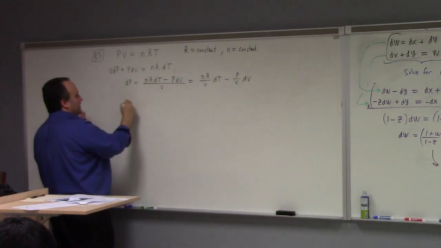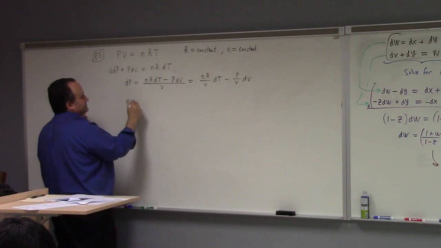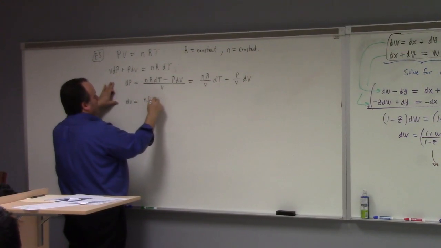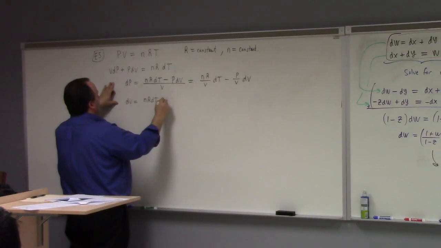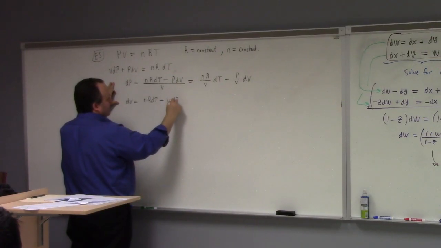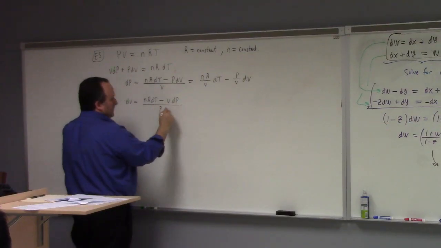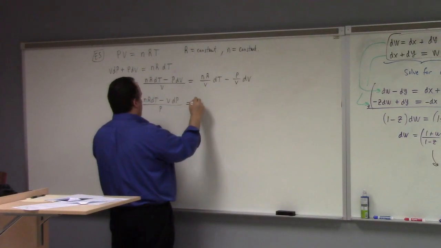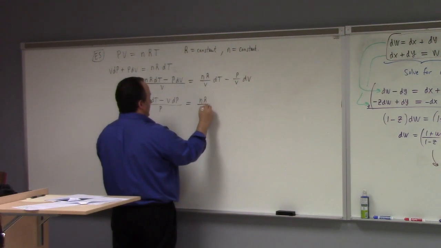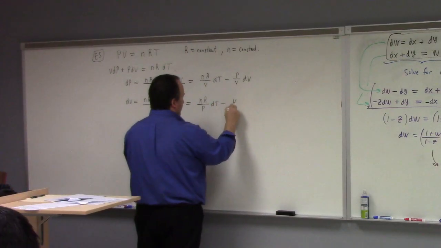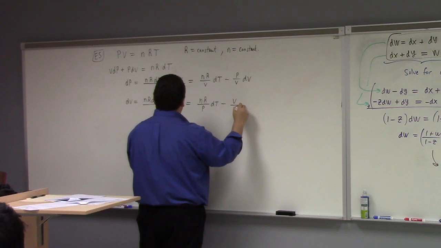Or we could solve for dV. And that would give us nR dT minus V dP divided by P. We have nR over P times dT minus V over P dP.